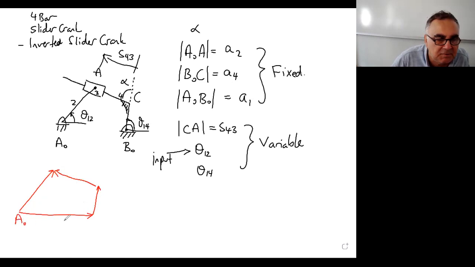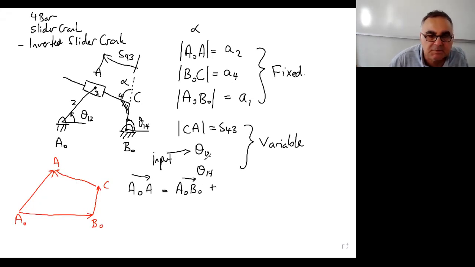So A0, B0, C, and A. In short, we can write A0A is equal to A0B0 plus B0C plus CA.